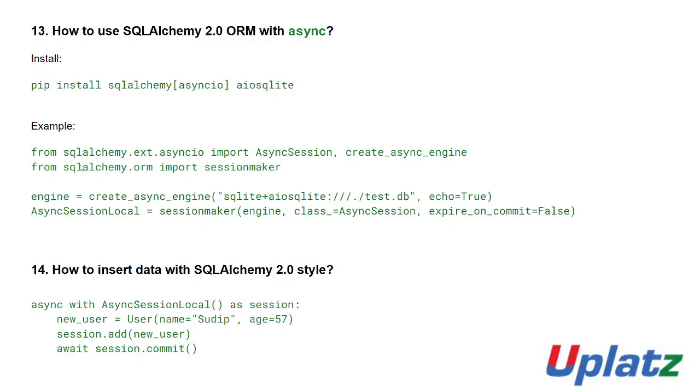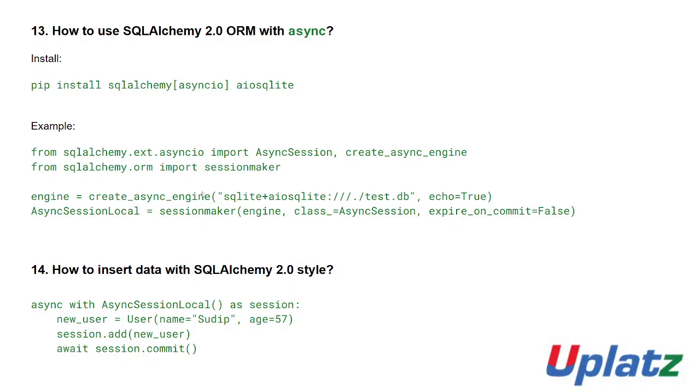Example: from sqlalchemy.ext.asyncio import AsyncSession, create_async_engine. From sqlalchemy.orm import sessionmaker. engine = create_async_engine.